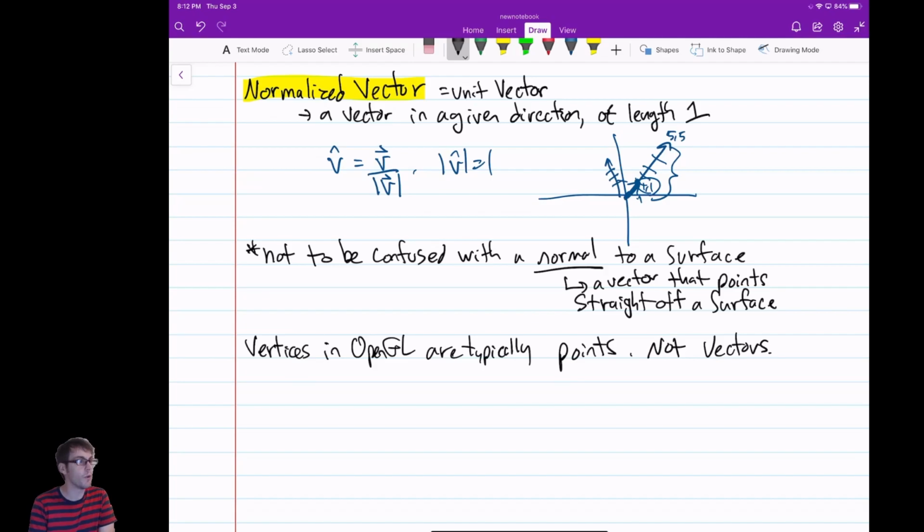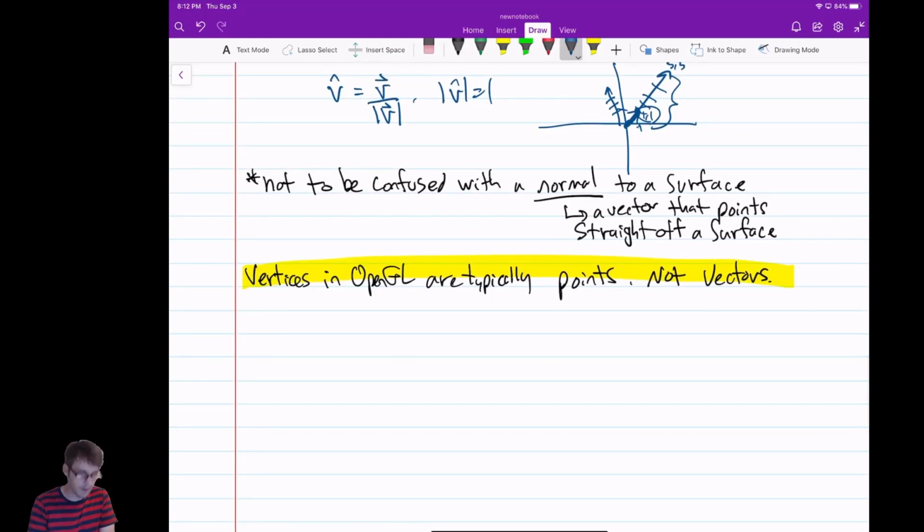This is actually really important. Let's go through an example really quickly. If I have a triangle, I'm going to draw a triangle, and I'm going to call the vertices V1, V2, and V3. If I have coordinates for these points, they're just points in space. They're not vectors between them. People often get that confused.